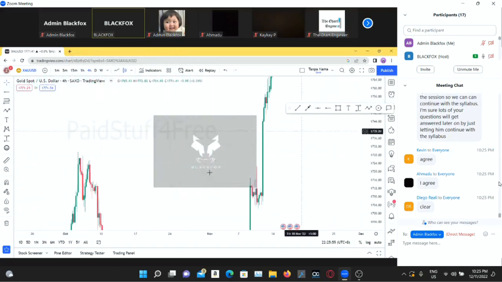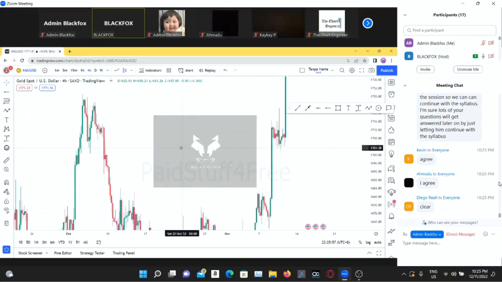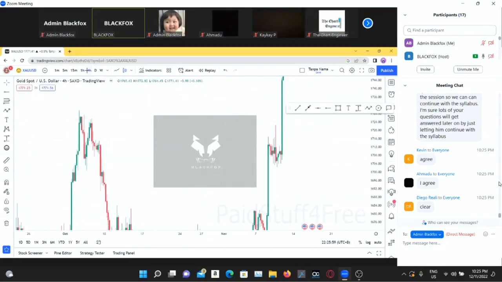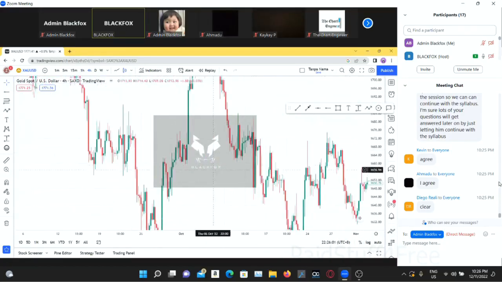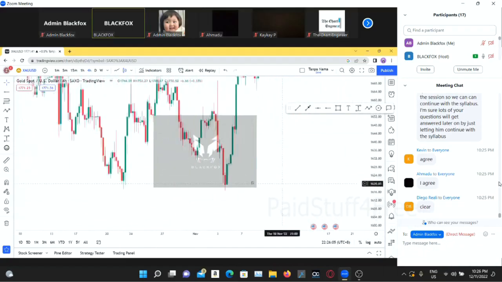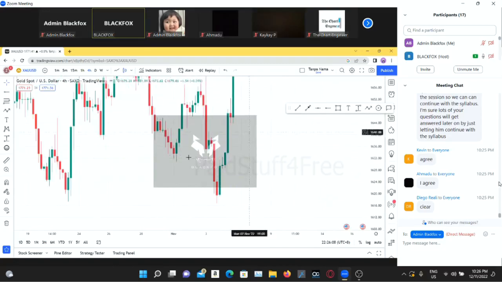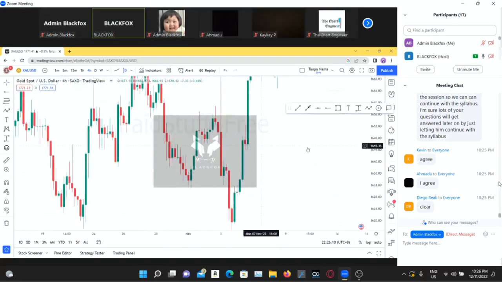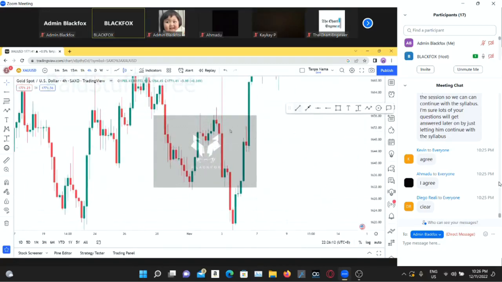So my confirmation entry, for example, go to backtest. For example, this one, this one is also a setup. So I will choose this one first. This one is support. When you focus on this level, you just go to M1.